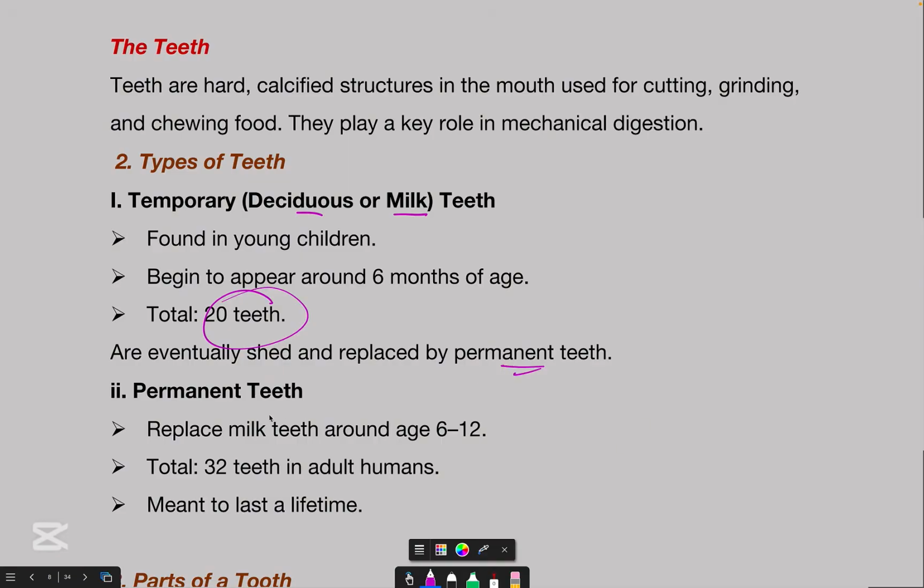Then the permanent teeth replace the milk teeth around age 6 to 12, and there are 32 teeth in an adult human, meant to last a lifetime.